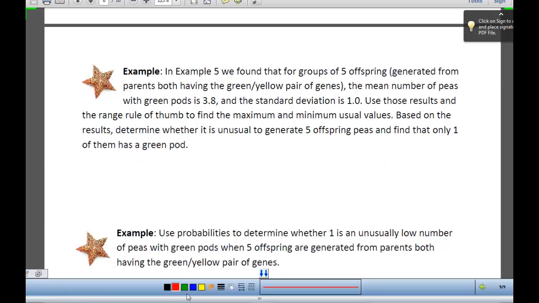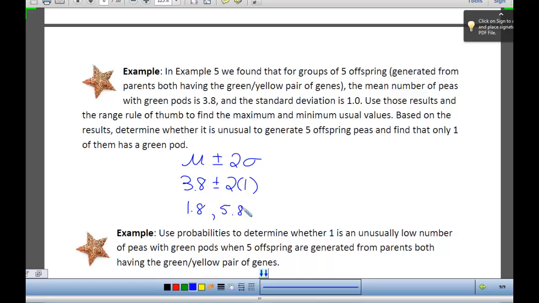They already gave us the mean and the standard deviation. So to get our maximum and minimum, we're going to look at mu plus or minus 2 sigma. Mu was 3.8, and our standard deviation was 1. So typical values for the number of green pods when we have 5 offspring would be 3.8 minus 2, that's 1.8, to 3.8 plus 2, which is 5.8, which isn't even really possible.